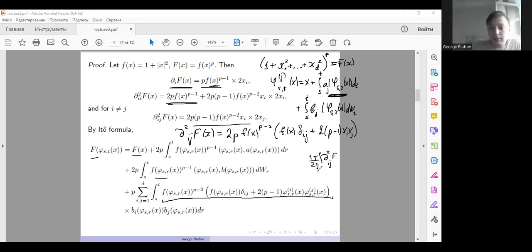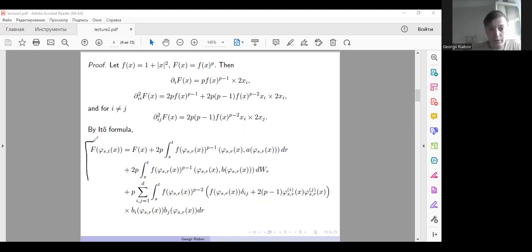Then it is integrated with respect to the product b_i b_j times the quadratic variation of the Brownian motion, which is just dr. So we get this representation.